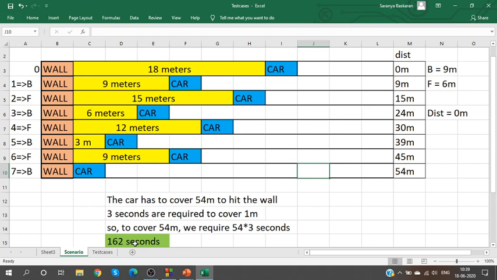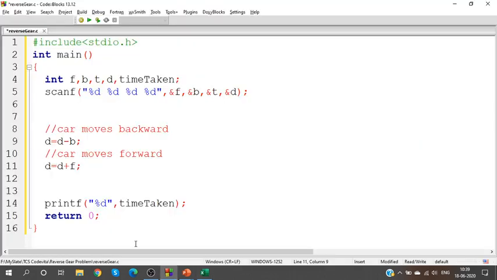So whenever the car moves, add the distance covered by the car. We are going to calculate the total distance covered by the car.